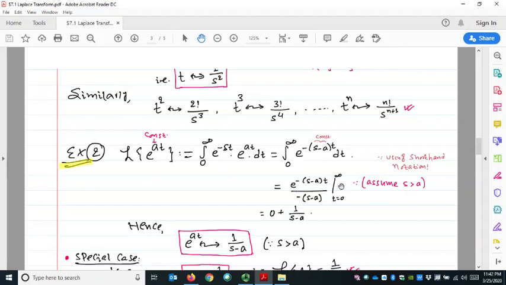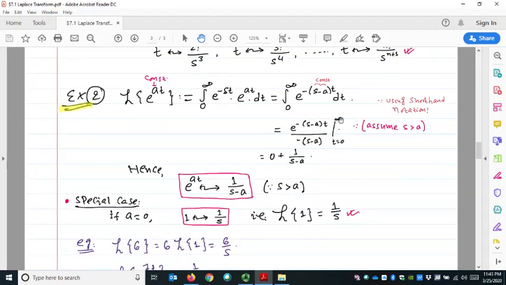The integral of e to the power negative (s minus a) times t with respect to t is itself, divided by the constant negative (s minus a). And I assume s minus a is positive, so s is greater than a.